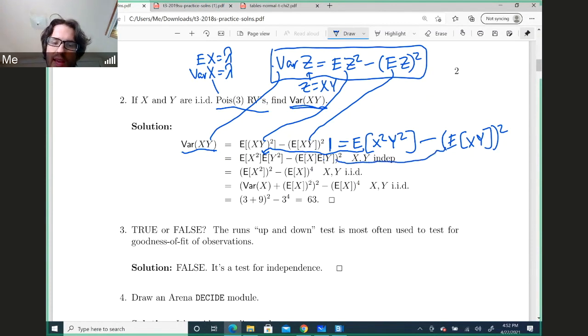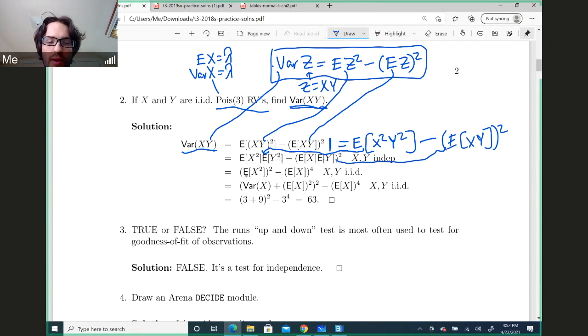And then, because the two variables are independent but have the same distribution, we can simplify by saying this is E of X squared times E of X squared, because the second one has the same distribution as the first.